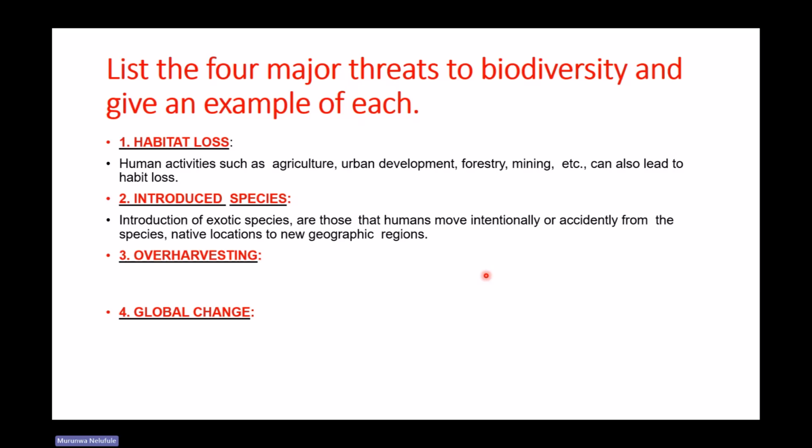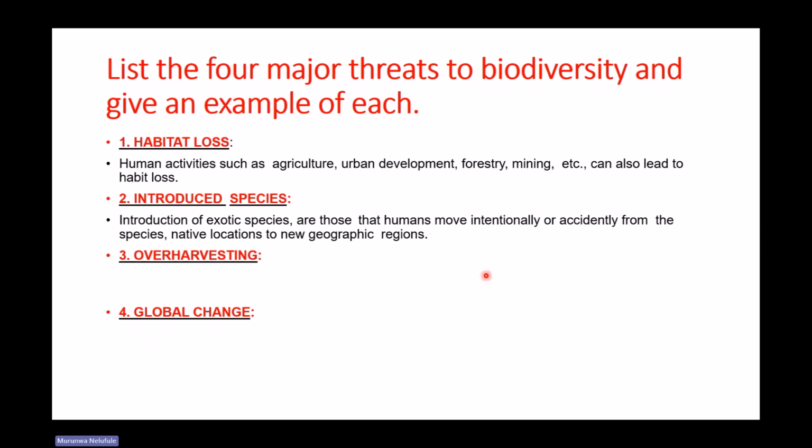And the other one is overharvesting. Overharvesting is like overdoing anything. If you overdo something, it leads to a threat to that particular object when you overuse something. Let's take, for example, rural areas. There's a problem that electricity is too expensive. They are closer to a bush or vegetation which is not protected.